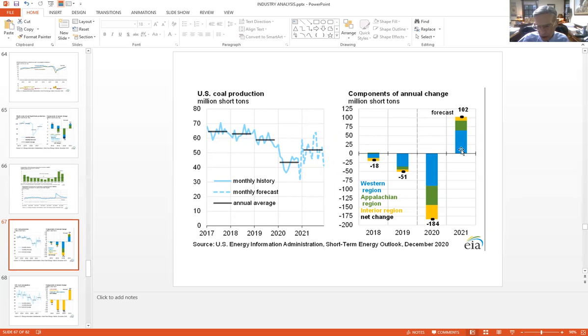And there are still some utility, electric power plants that are powered by coal. But some of this production is being shipped to other countries. In India, they're still building power plants that use coal. They are coal-fired electric power plants.